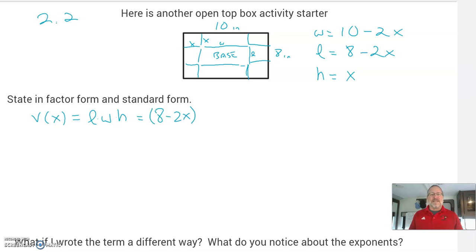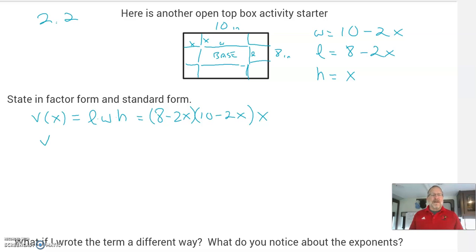Let's put parentheses to make sure we multiply to the next dimension, and that is the width. The width is 10 minus 2x. And then our height is simply x. So this is the formula. This is the function that'll let us plug and chug any value of x to determine a volume.